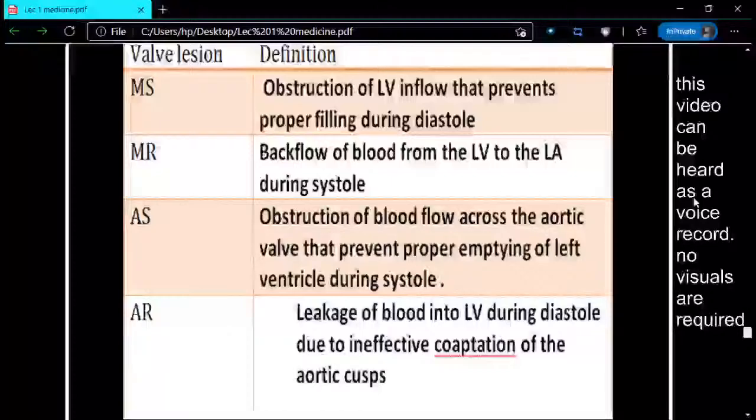MS is the obstruction. And MR is the backflow.